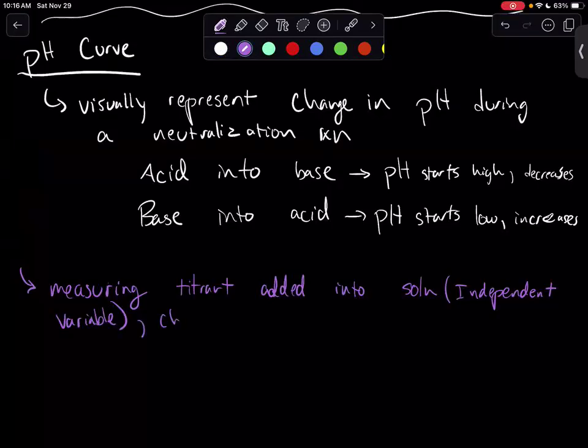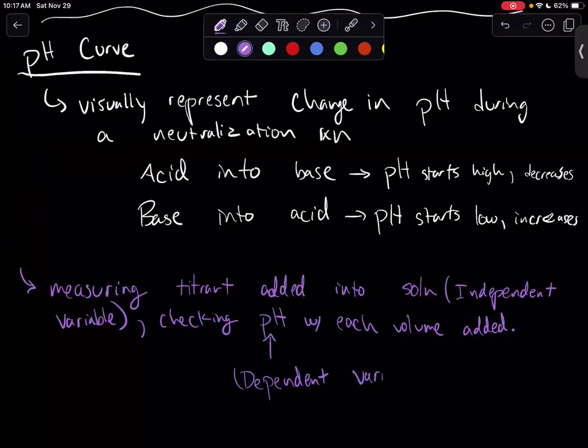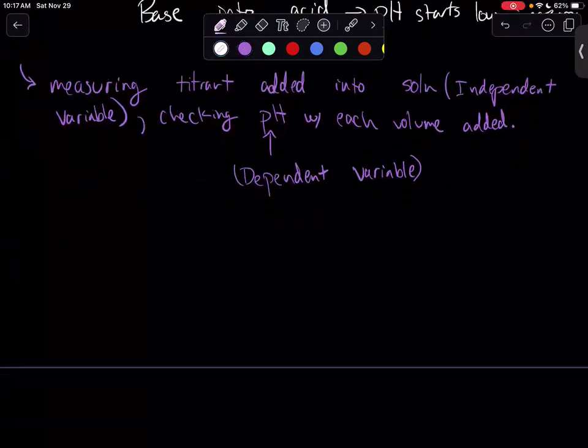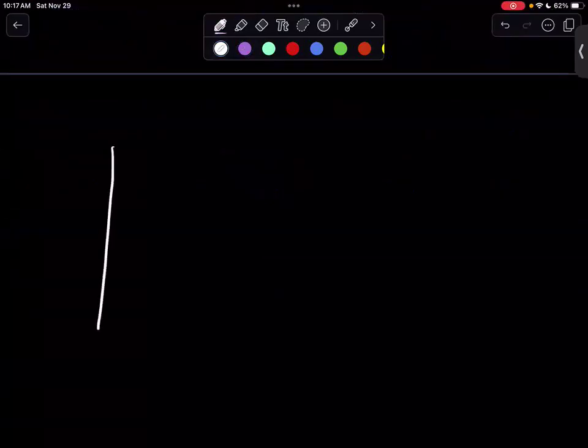And then we are checking pH with each volume added. And that pH is going to be our dependent variable. So our pH curve is literally just the measure of the amount of added titrant graphed against our pH.